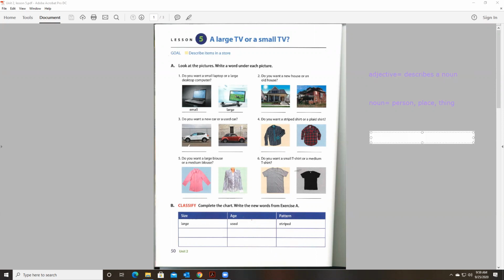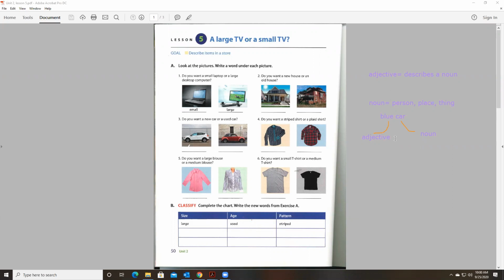For example, blue car. In your words blue car, car is your noun, blue is your adjective.